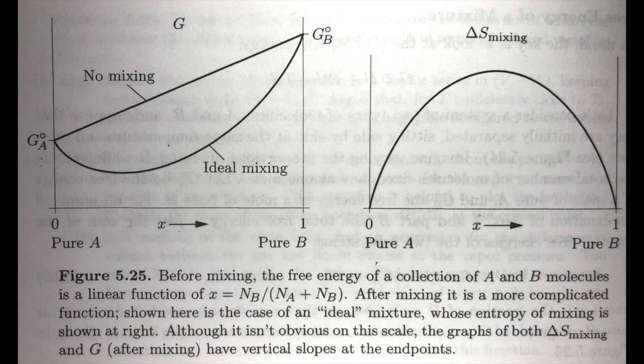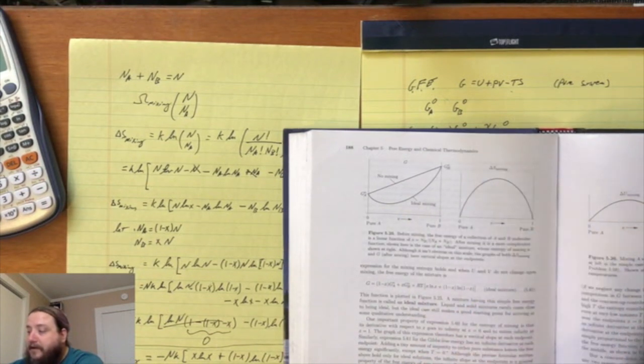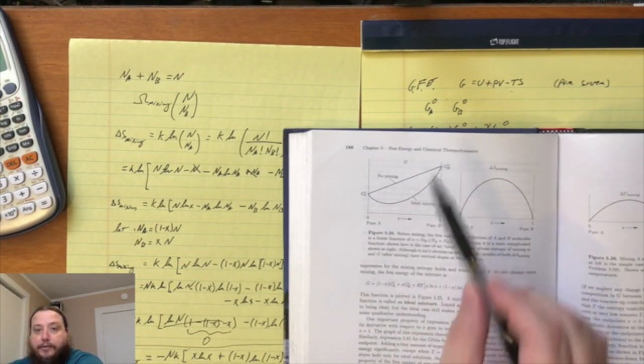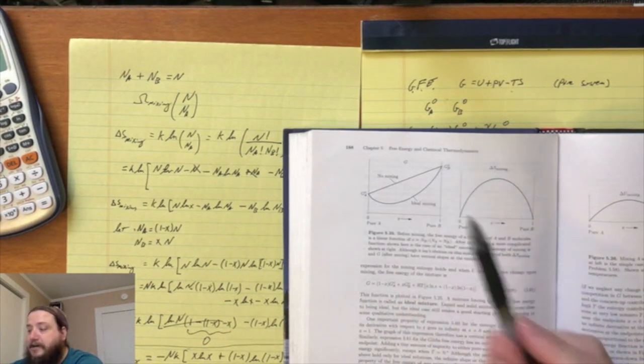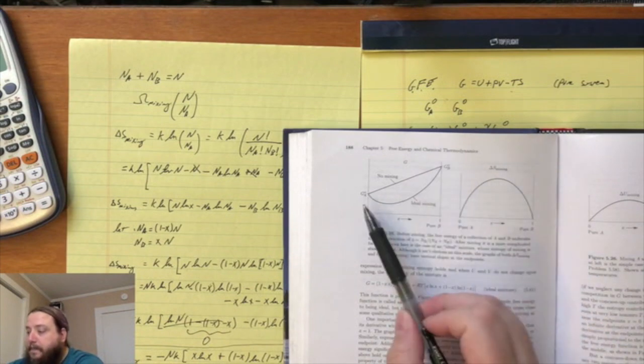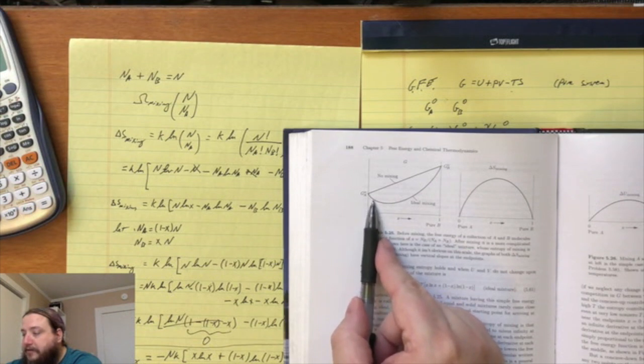If we then take our unmixed, again, a straight linear combination of the Gibbs free energy of A and the Gibbs free energy of B, and subtract from it some amount of something multiplied by this delta S of mixing, then we're going to get a concave up structure here, where just a little bit of B added to A starts the Gibbs free energy dropping.